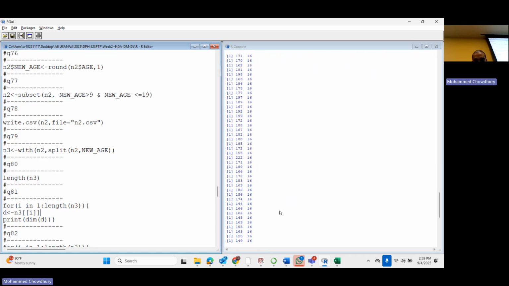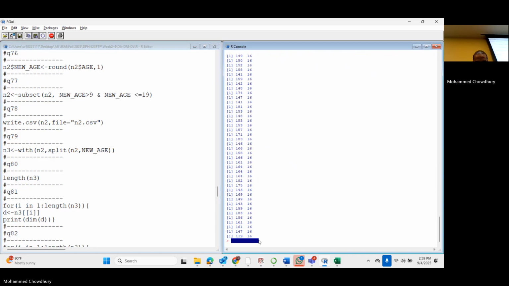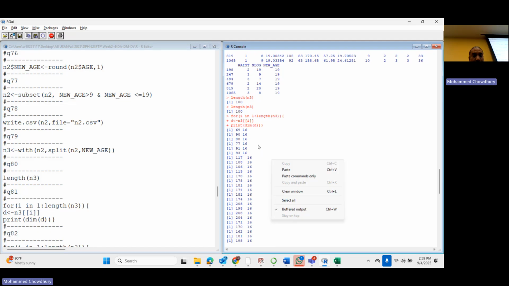If you don't believe me, let me show you. Dimension of N3[1]. How many? 69 and 16. This is the first one. 69 and 16, right? Are you seeing 69 by 16? Now, if you want to see the second one, just go there and change it like this: 90 and 16.